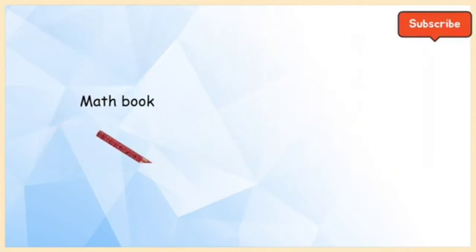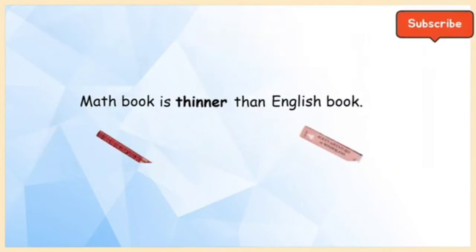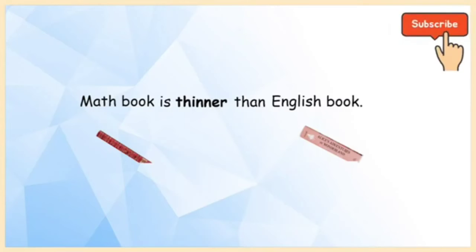Math book is thinner than English book. You did a great job. When the positive is a word of one syllable that ends in vowel plus consonant, we double the ending consonant and then add ER and EST.